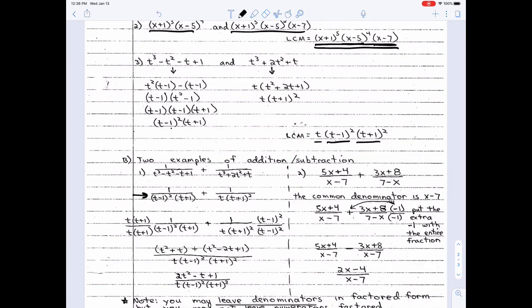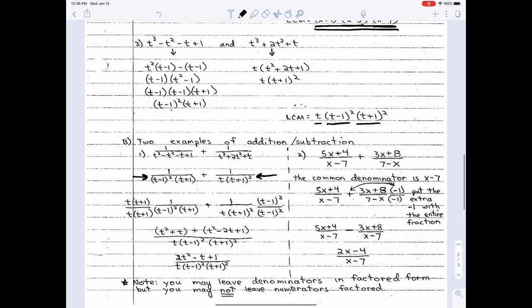You factor the other denominator, and you get this. So what's the common denominator? The common denominator is, as I've shown up above in example 3, t times t minus 1 times t minus 1 quantity squared times t plus 1 quantity squared. Okay, so then this is what you do.